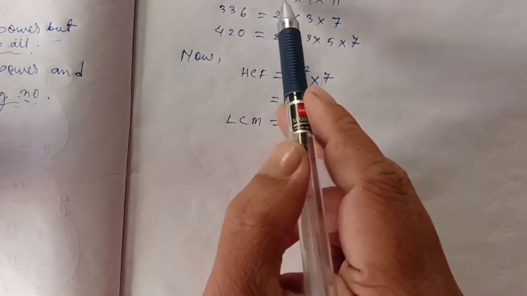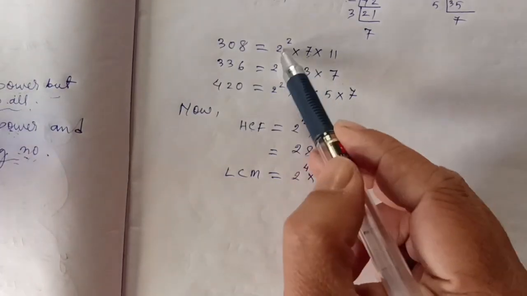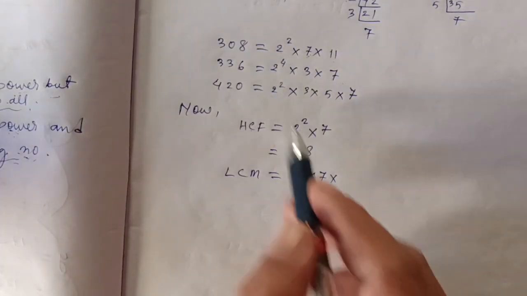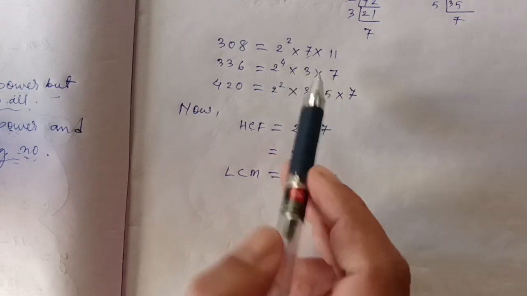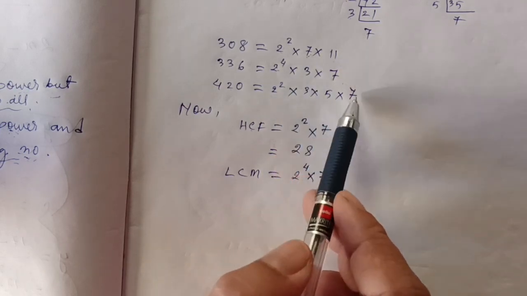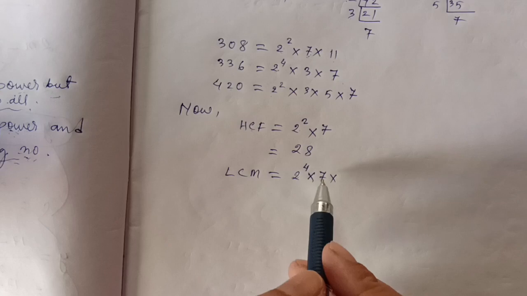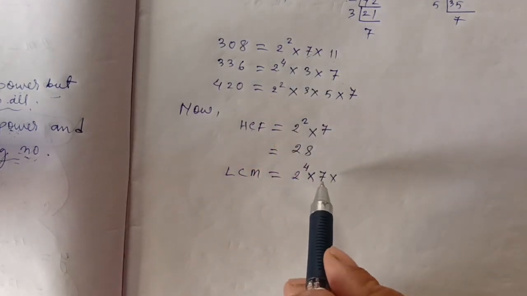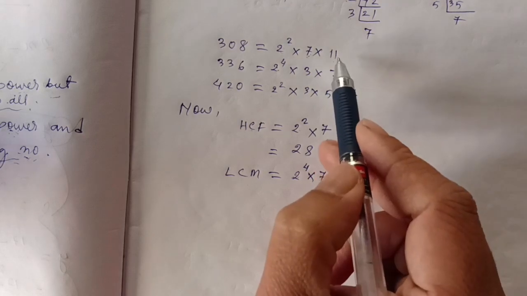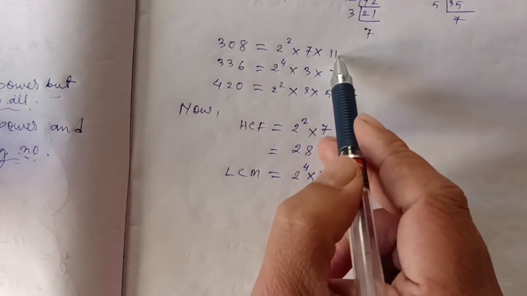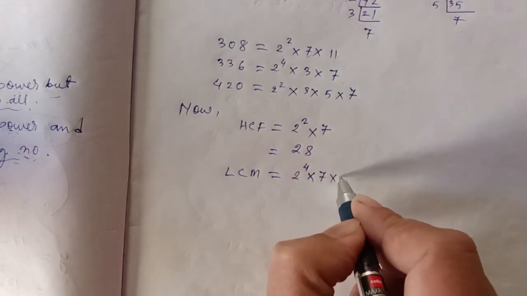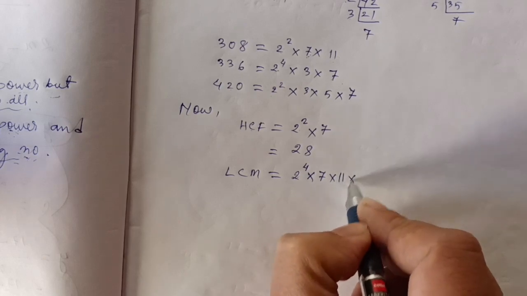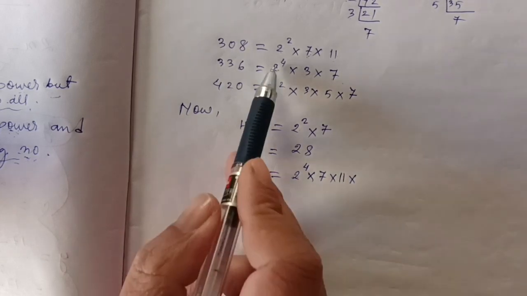So what are the remaining numbers? All the 2's we have written here by selecting the highest power. And what about 7? All the 7's we have written here, and they have all the same powers, that is why we write 7. Then what about 11? 11 is the remaining number which we haven't written, so we write 11 here.